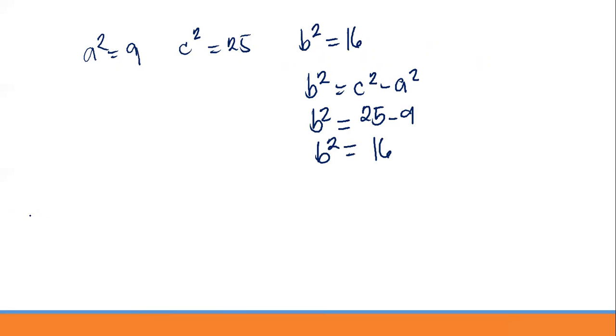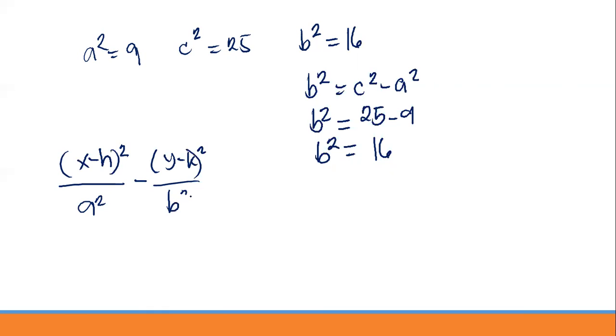And so finally, substitute the values found for h, k, a squared, and b squared doon sa standard form natin. So ano ulit yung standard form? I-rewrite lang natin para mas clear. Over a squared minus over b squared equals 1. So, substitute lang natin yung mga values na nahanap natin kanina.